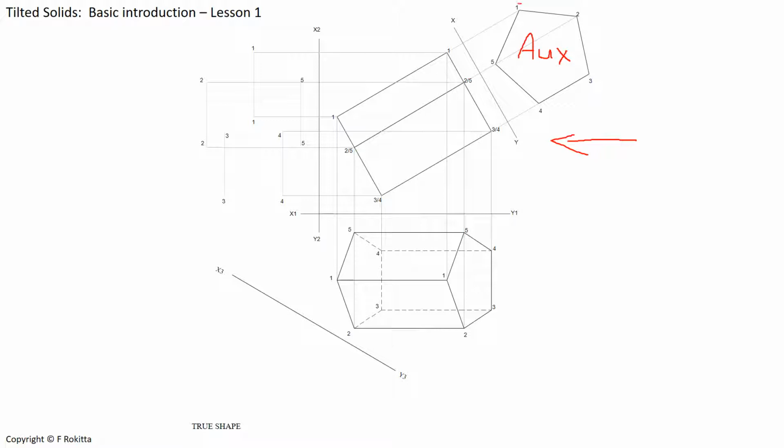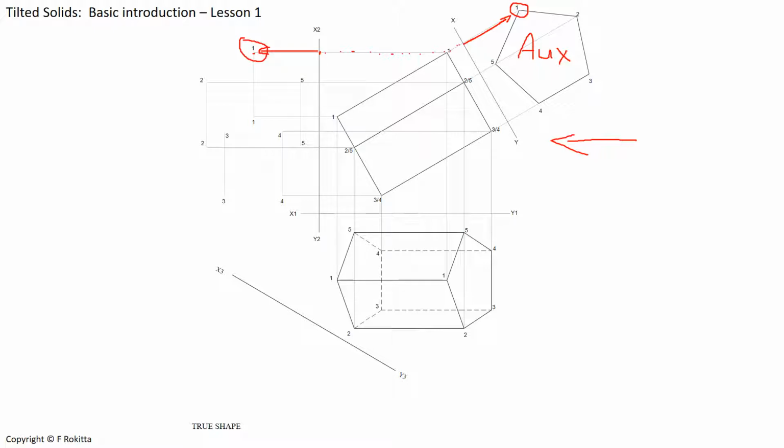Therefore, we're going to start with number 1 in our auxiliary view and again measure from the XY to number 1 with our divider. We will follow the path of number 1 across the front view, and then we will start our measurement from the X to Y2 and apply the measurement from the auxiliary view onto our right view, and we will plot the dot for number 1 in the side view, and we will immediately label it as number 1.